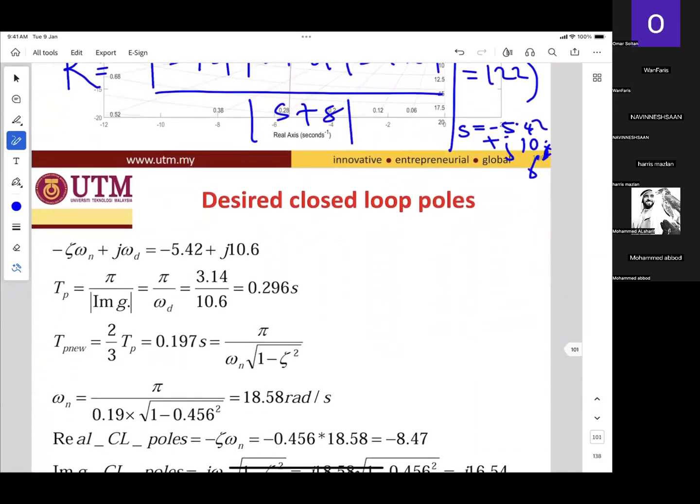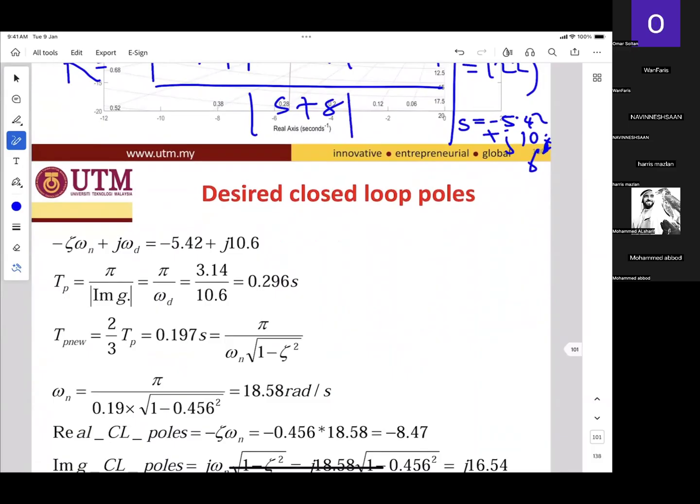Right, so this is the dominant pole. Okay, then the peak time is pi divided by the imaginary part, which is this one.